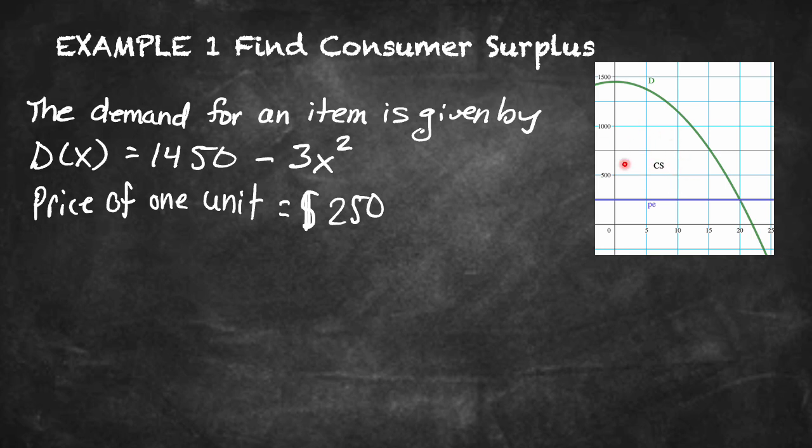Now, in order to find this area that's enclosed by the demand curve and the price, we need to find this equilibrium point so that we can find our upper limit for integration. We know we're going to start at 0, but we have to find out what this point is. We can already see on the graph that it's 20, but to find it algebraically, we want to find the value of x where the demand is equivalent to the price.